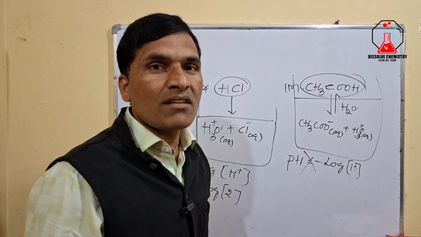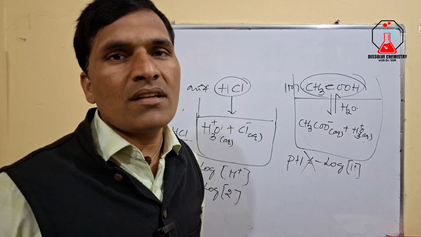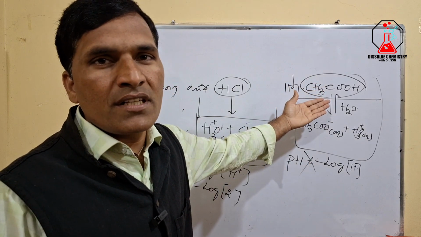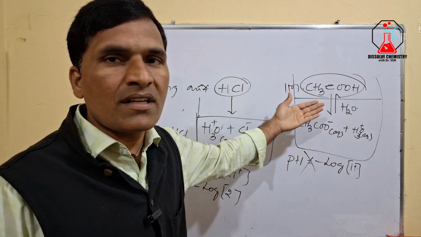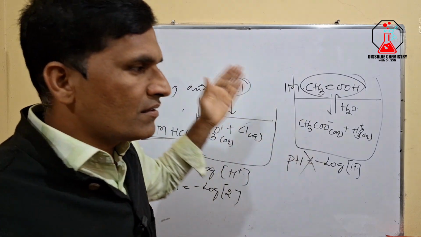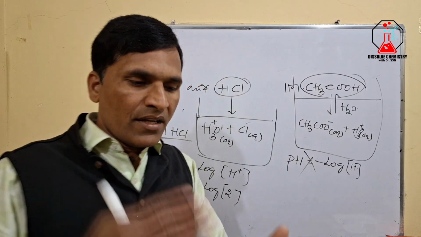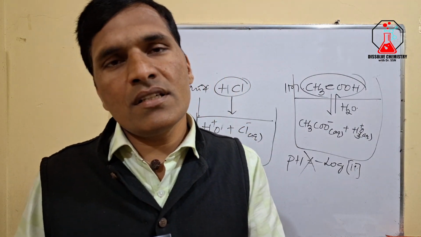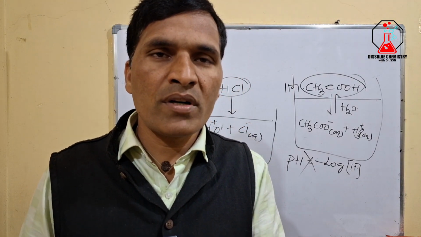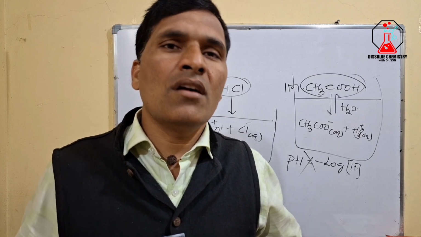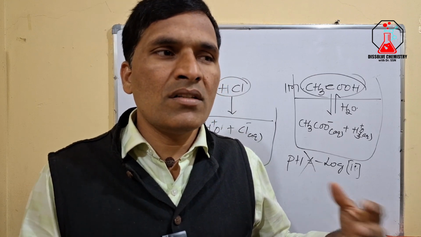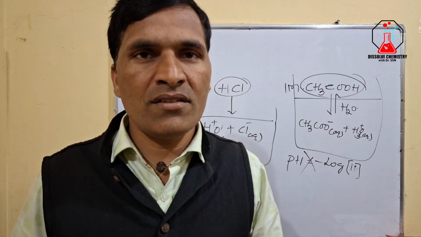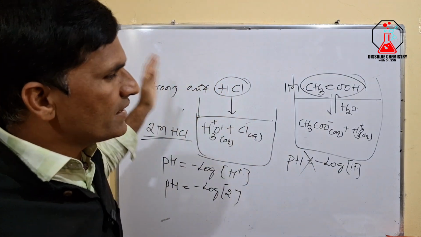As it is a dynamic equilibrium, but the equilibrium concentrations remain constant, we can give the equilibrium constant for this equation and then calculate. For this reason we will see the ionization constant, which is very important for weak acid, and similarly for weak base, to calculate the pH or pOH, to tell the concentration of H plus ions or OH minus ions. We will see that in detail.